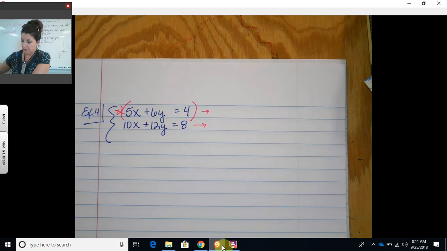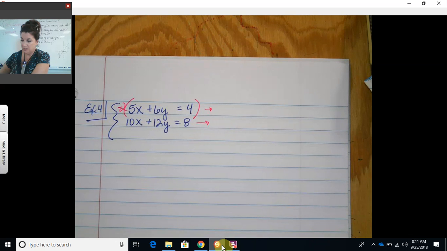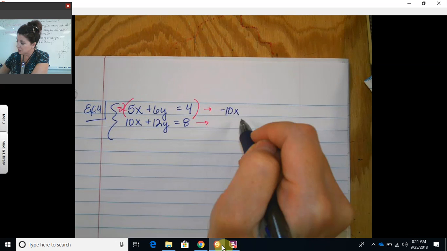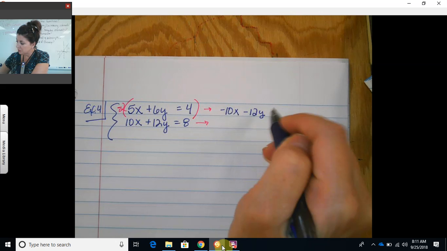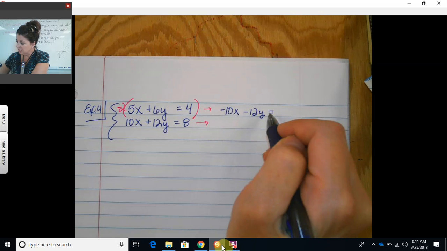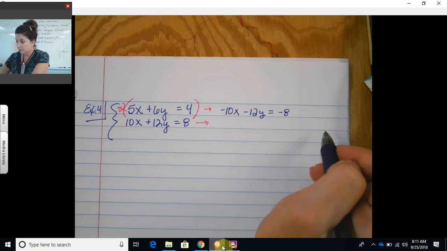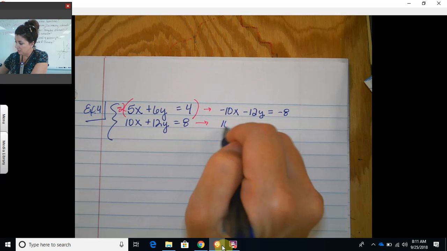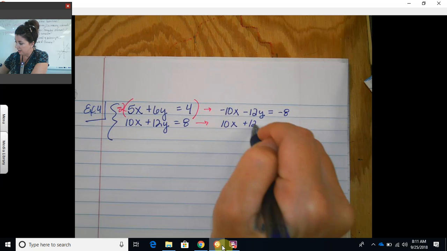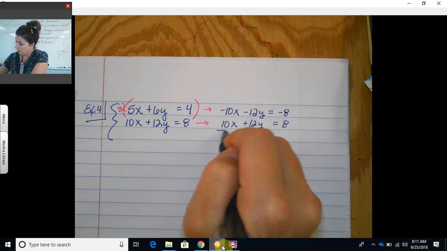So top equation, -2 times 5x is -10x. -2 times positive 6y is -12y. Don't forget to write your equal sign. -2 times positive 4 is -8. The bottom equation, I don't have to multiply by anything. So that's 10x plus 12y equals 8. All right.